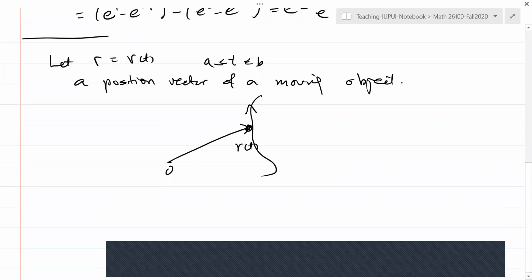As I told you before, the derivative v equals v of t, which is defined to be the derivative of this vector function.